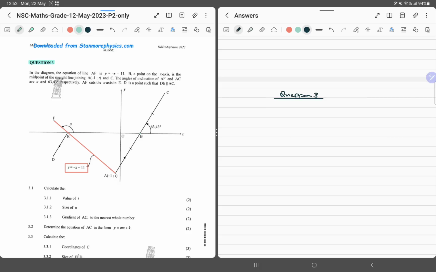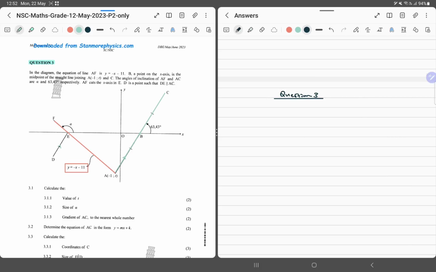B is a point on the x-axis and is the midpoint of the straight line joining A and C. So meaning B is the midpoint of this line AC. And then of course we are told that this is parallel to that, which is very important.